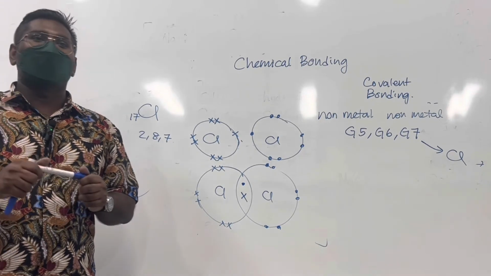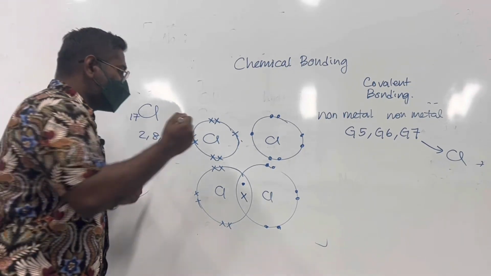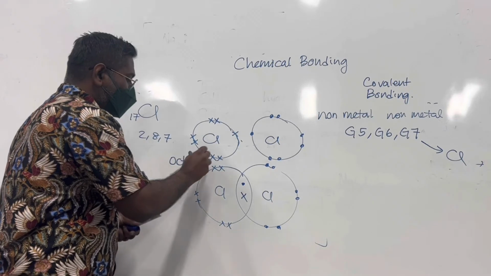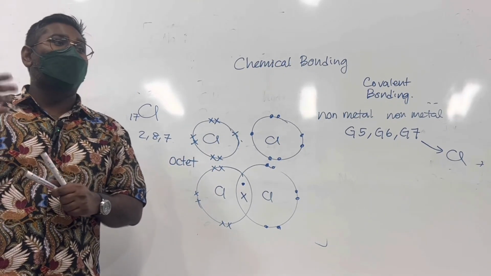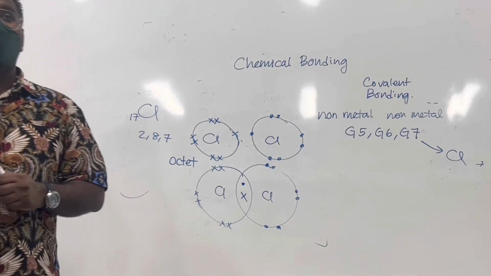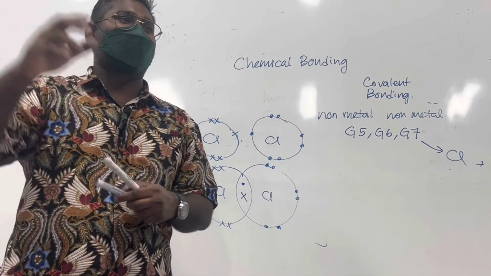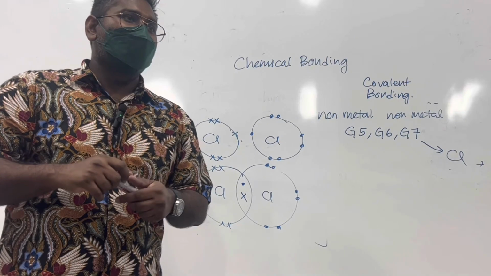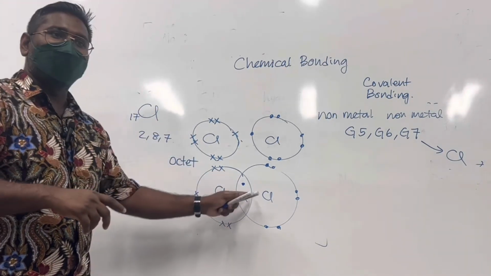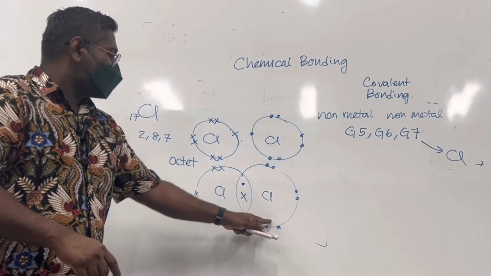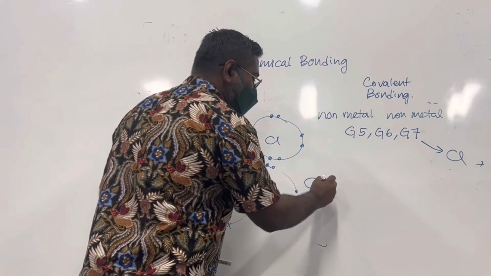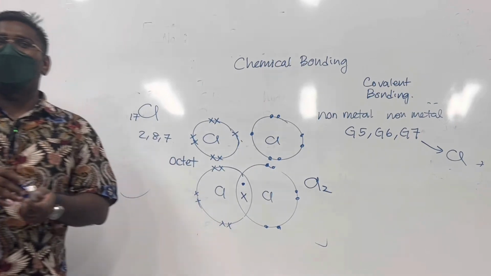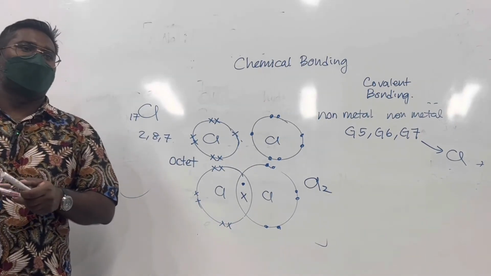Octet structure, or we call it noble gas configuration. What is noble gas configuration? All the 8 electrons are completely filled. If you look at this Cl, they have 8. So this is what we call Cl2. This is an example of a covalent compound.